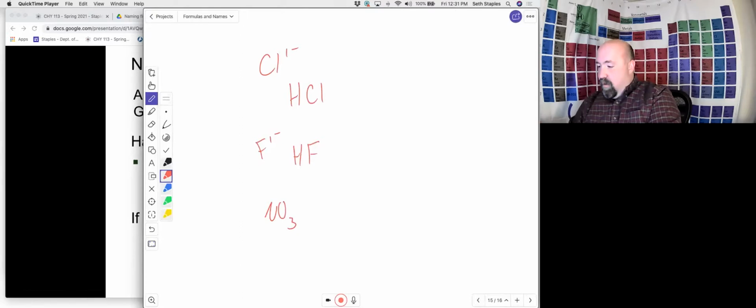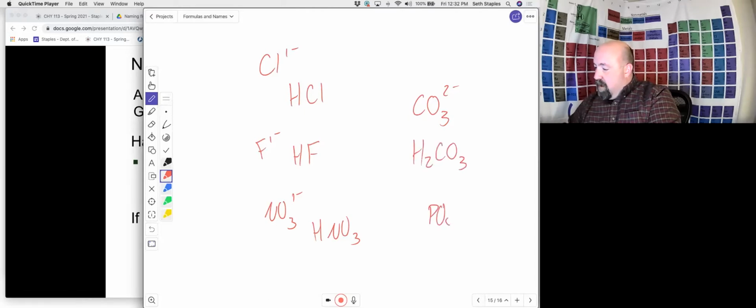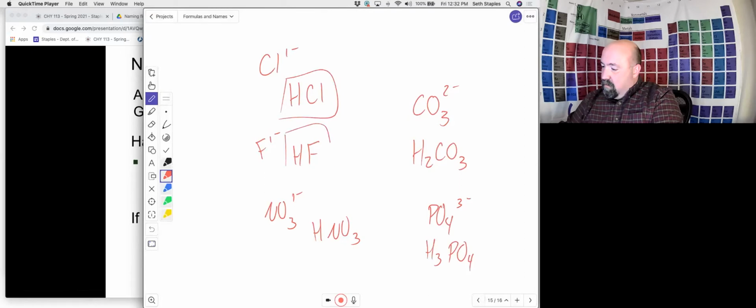NO3, our nitrate 1 minus ion, would form an acid with HNO3. Carbonate, our CO3 with a 2 minus ion, can form an acid now with 2 hydrogens as H2CO3. Phosphate with its 3 minus would need 3 hydrogens, H3PO4. And so these are all various acids here.